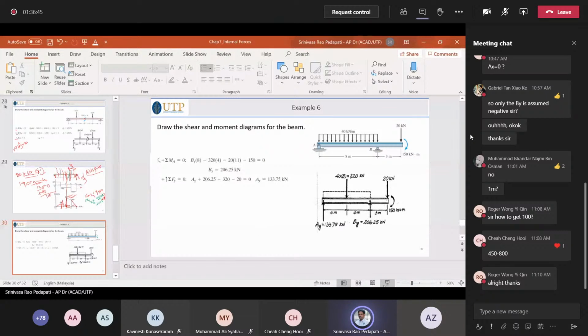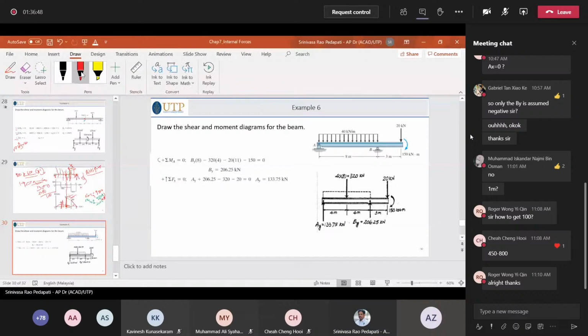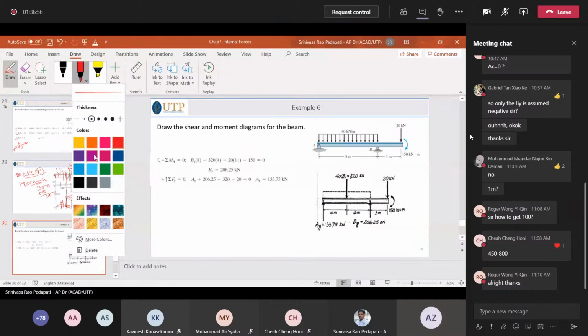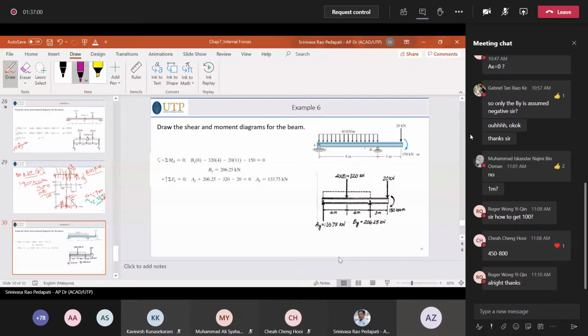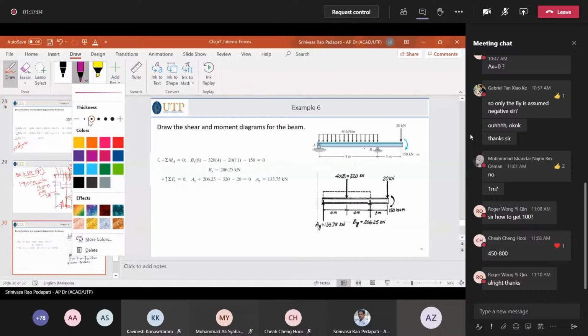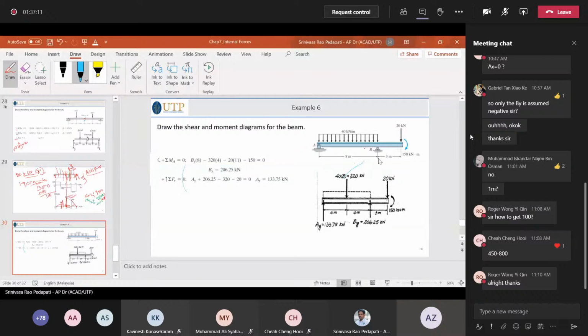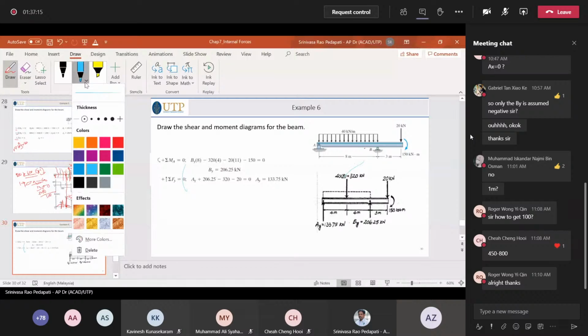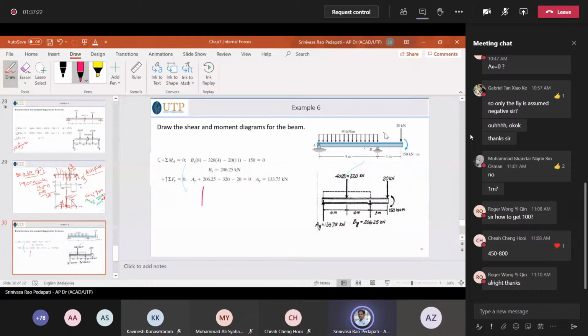So in this case, if you take the section here, the shear is 20 kilonewton, and if you take a section here, then your part comes as x into x by 2, something like that. So are you working on it?